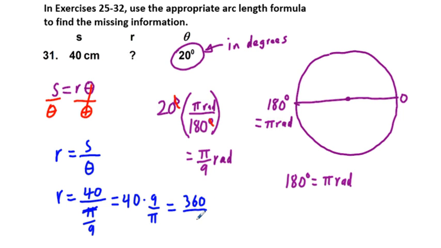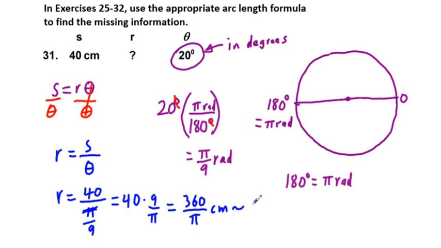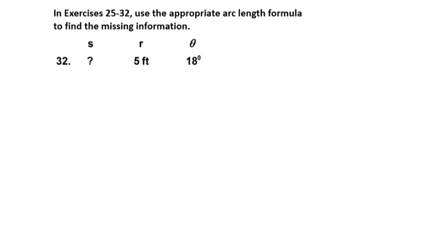So we have 360 over pi centimeters, which is approximately 114.6 centimeters. So that's our answer to problem number 31.